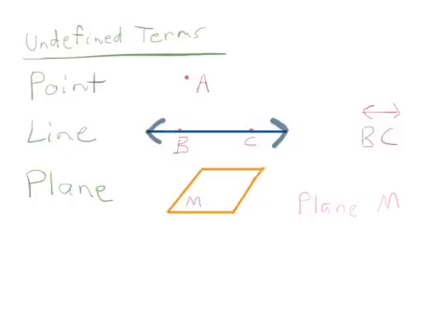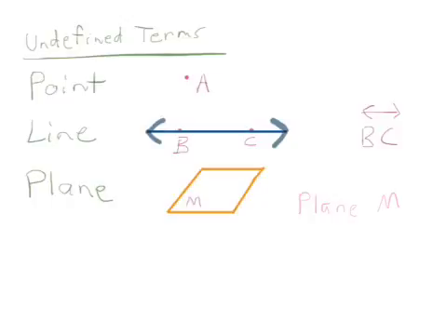So we can label it as we see here, capital A. So this is point A. Or we can use another letter. It could be point B or point C. We're going to label it something so that we can distinguish between that point and, say, another point that we have. So a point is just a dot like that.